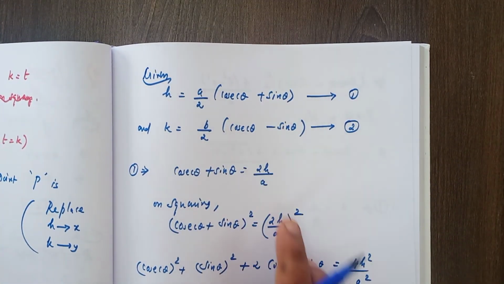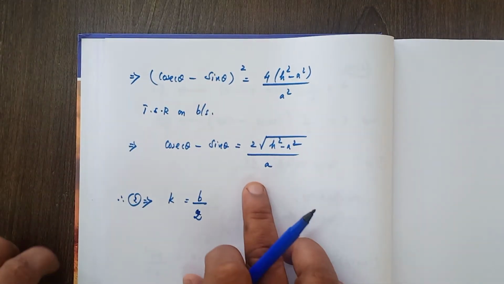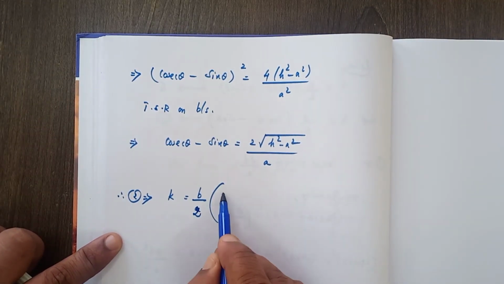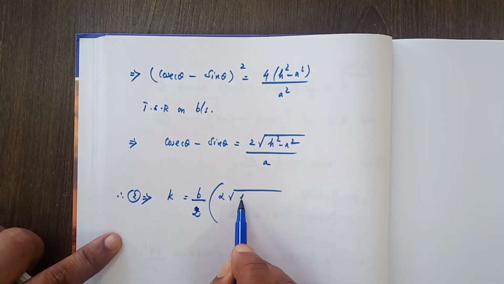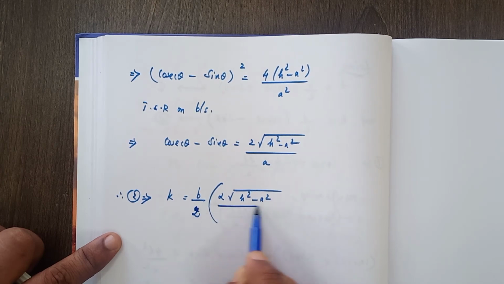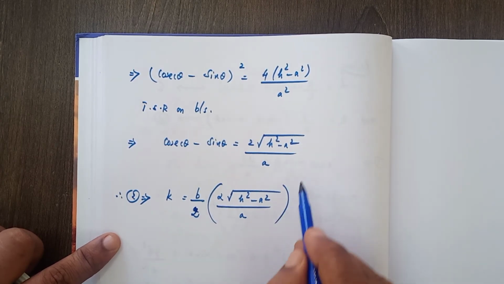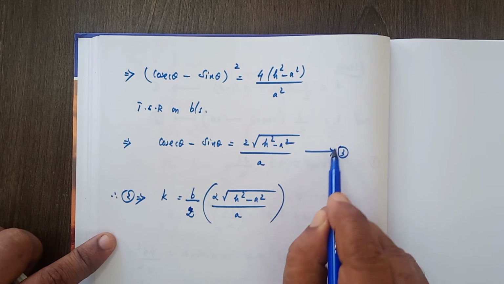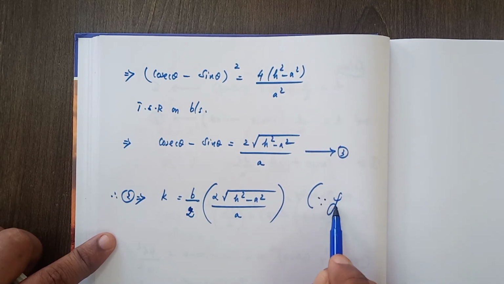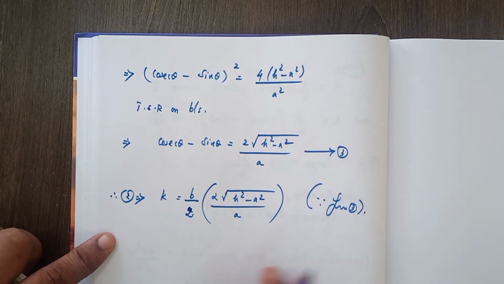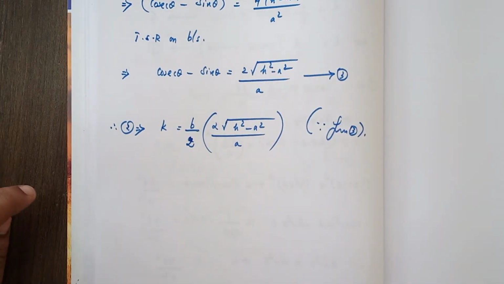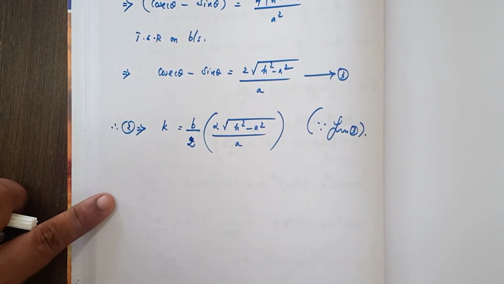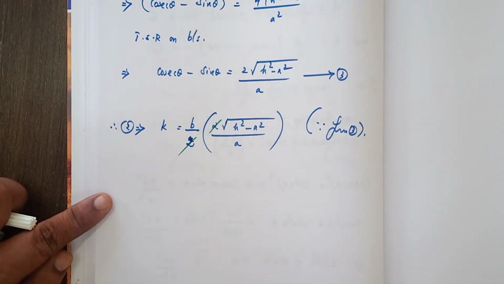This cosecant theta minus sine theta can be replaced by 2 into root of h square minus a square divided by a. Let it be number 3. It is taken from the third equation. Now we can cancel 2, it gets cancelled.